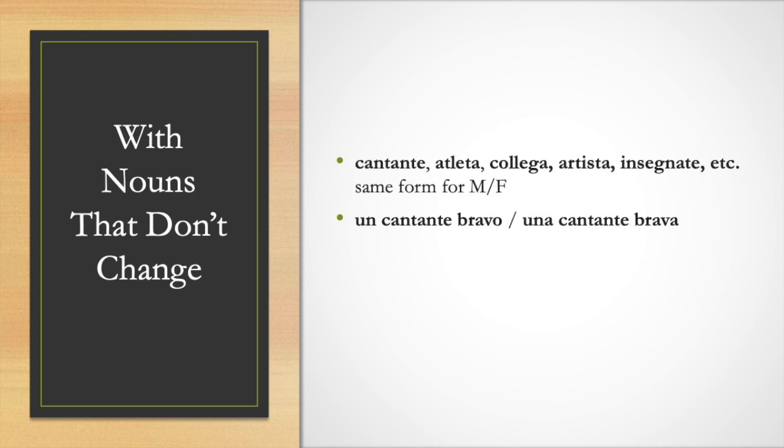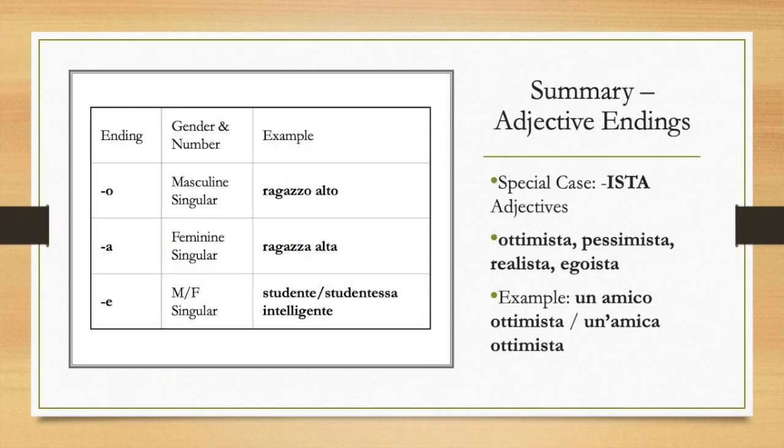For example, una collega brava means a skilled, competent female colleague, and un collega bravo means a skilled or competent male colleague. Here is a quick reference. So, O for masculine, A for feminine, and E works for both genders.